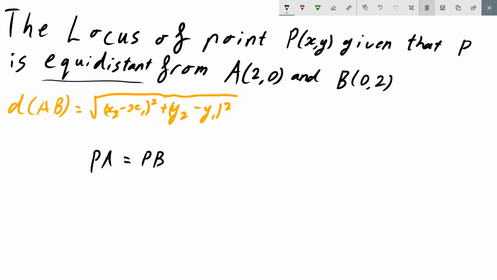So let's make some space. So I'll write it again. PA is equal to PB. So now let's write the distance formula. So from point A, we're going to have P is our first thing, and we said that P is just x comma y.